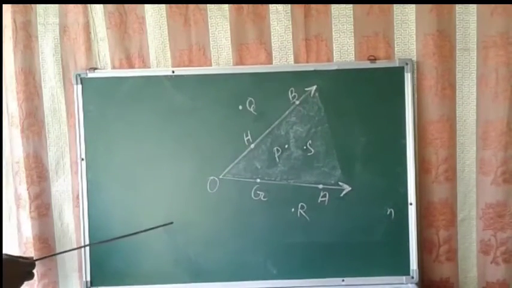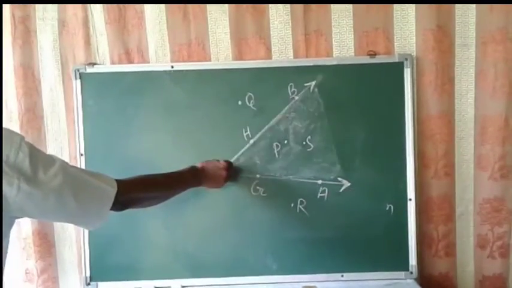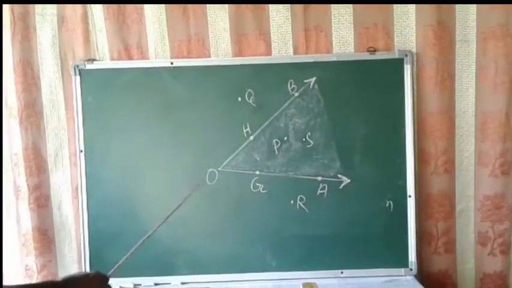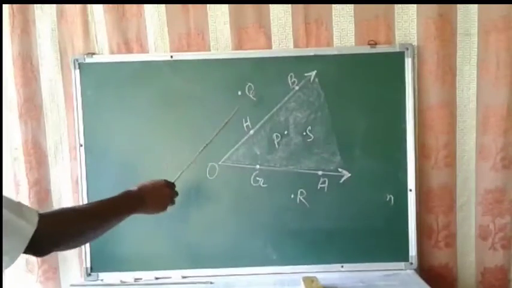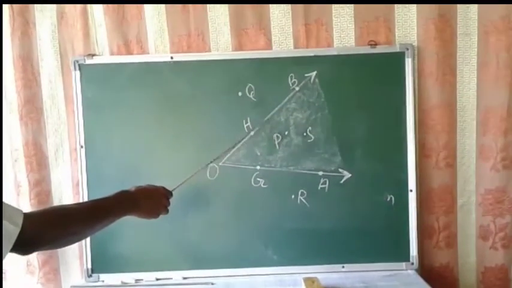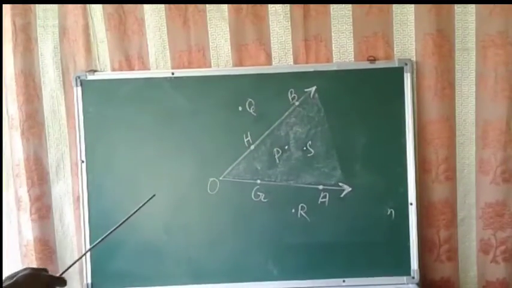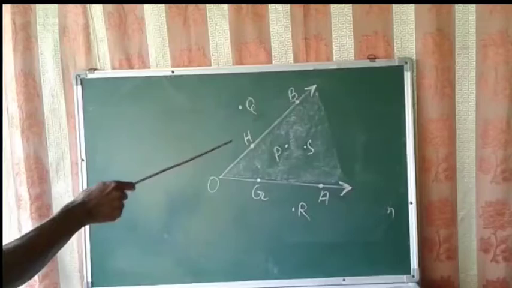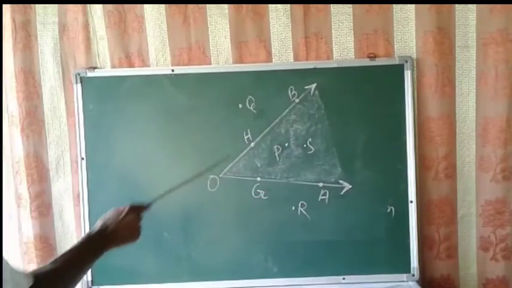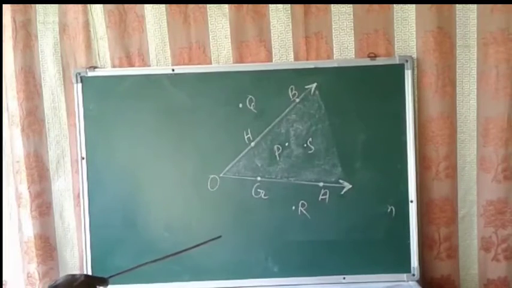As the arm goes over to OB, it covers a certain region of the plane, shown shaded in the figure. Angle AOB can be divided into three groups.